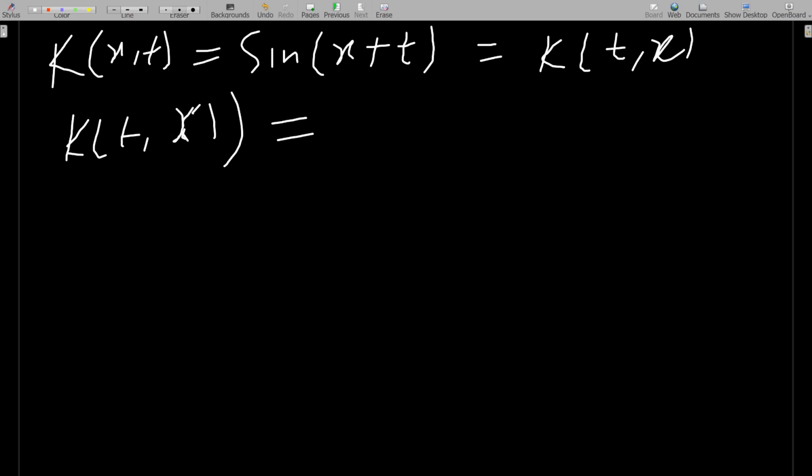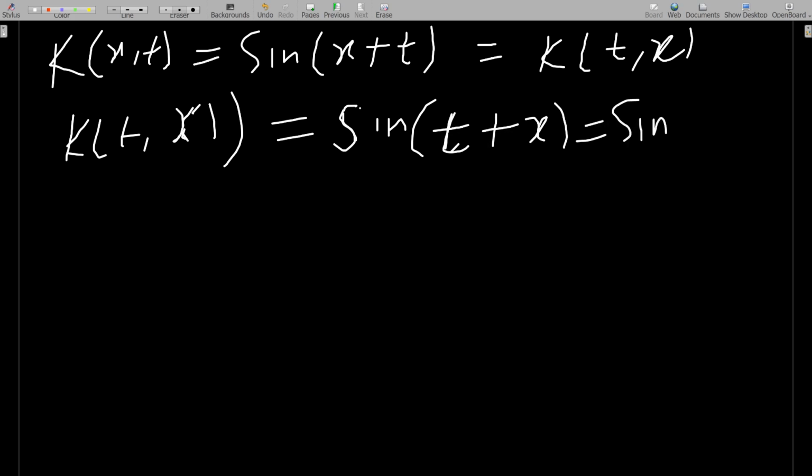So k(x,t) is equal to sine of x plus t, then k(t,x) will be equal to sine of t plus x. And addition is commutative, so this is the same as sine of x plus t. So this becomes very simple, and it shows that indeed k(x,t) equal to sine of the expression x plus t is symmetric.